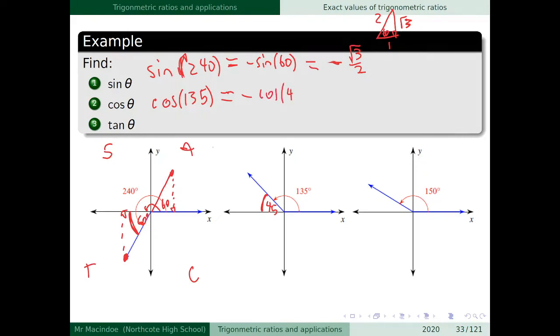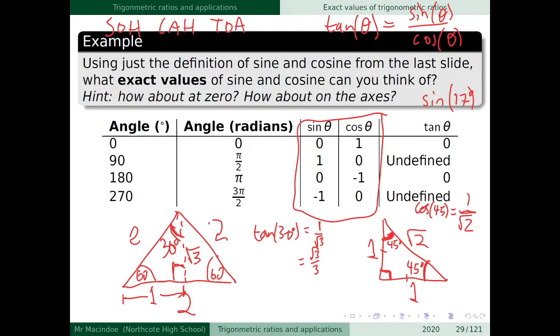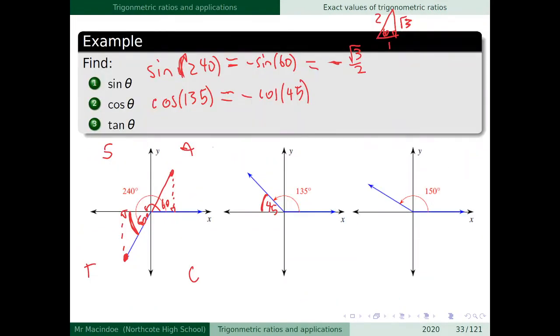It's going to be negative whatever cos of 45 is. And a while ago, we used this triangle to get that cos of 45 is 1 over root 2. So what's the negative of that? It's negative 1 over root 2. Again, we're just using one of these special triangles, one that looks like this, 1, 1, root 2, 45.